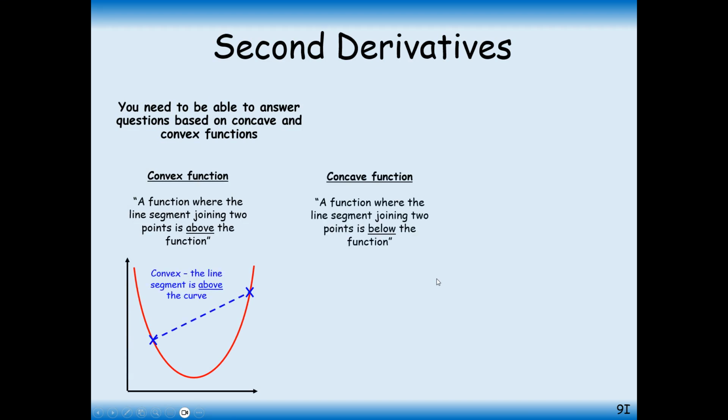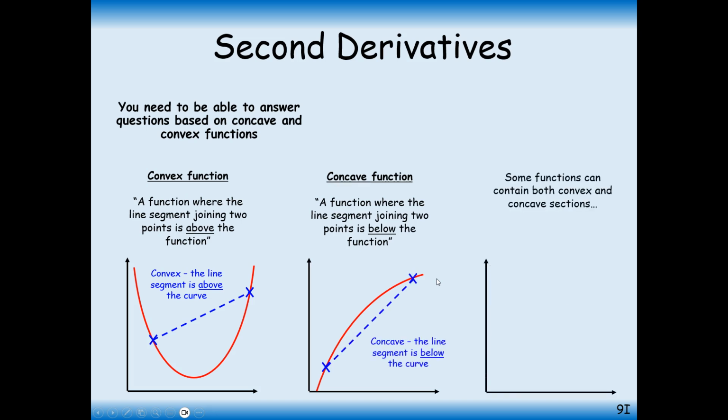So there must be some point in the graph that we passed where the graph changes. For example, in this section of the graph, this is the convex part, and it changes to a concave part.